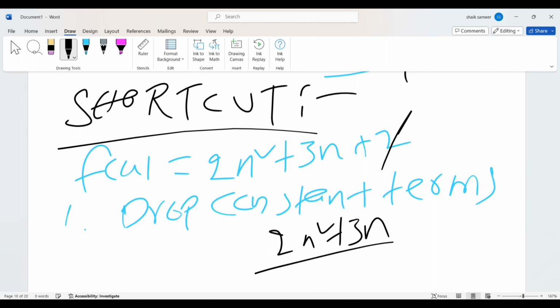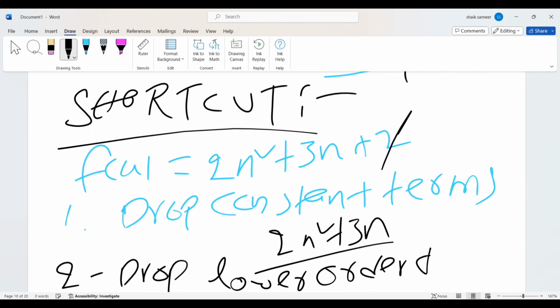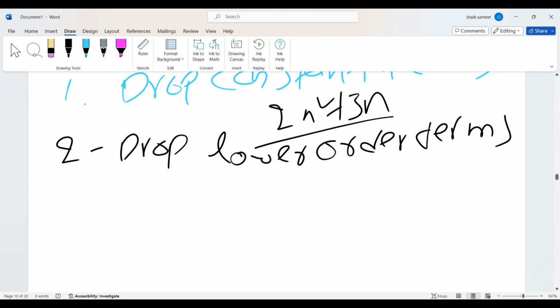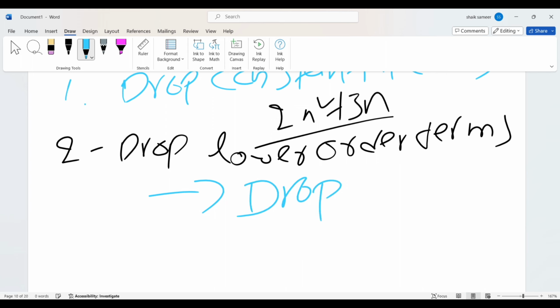Next, drop lower order terms. Next, drop coefficients. No, wait.